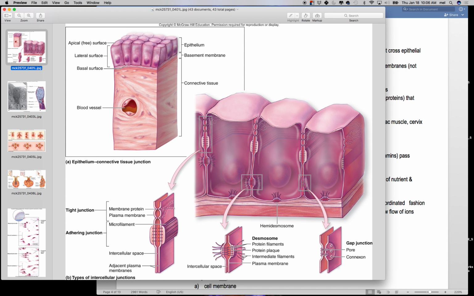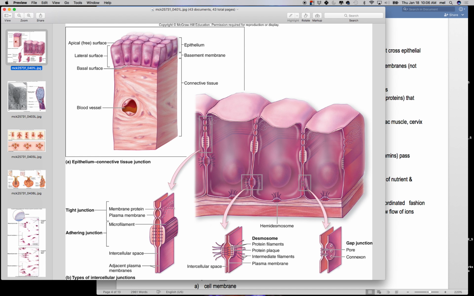And it can make them coordinate as a group, right? For instance, if you were going to say, I want you to do the wave, and she would do it, then she would do it, and if you had them all connected via gap junctions, they would all respond in sequence, right? Does that make sense? But they're not strong, okay? So, gap junctions are communication.